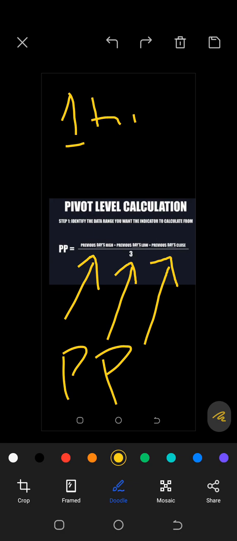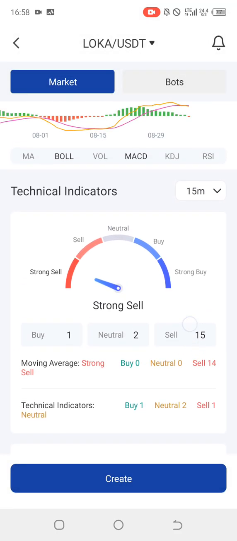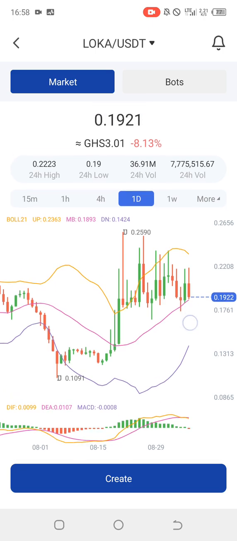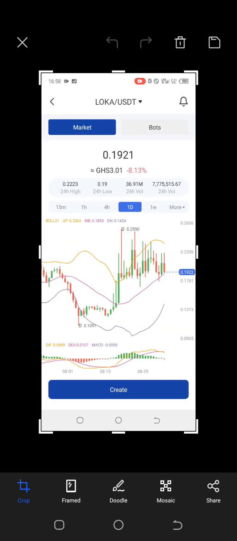Okay, so let's move on, and then let's see how they calculate for the various ones. So let me just show, for the sake of the newbie, what I'm talking about. So this is the LOKA. Let's wait for it. Okay, so assuming I want to use the 1 hour, this is quite clear here.